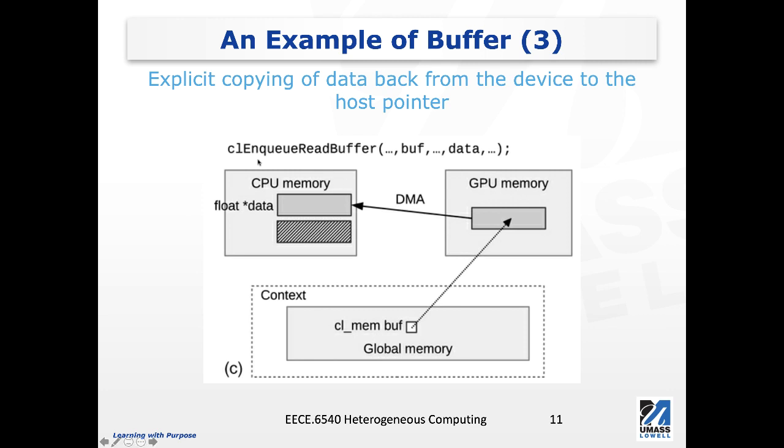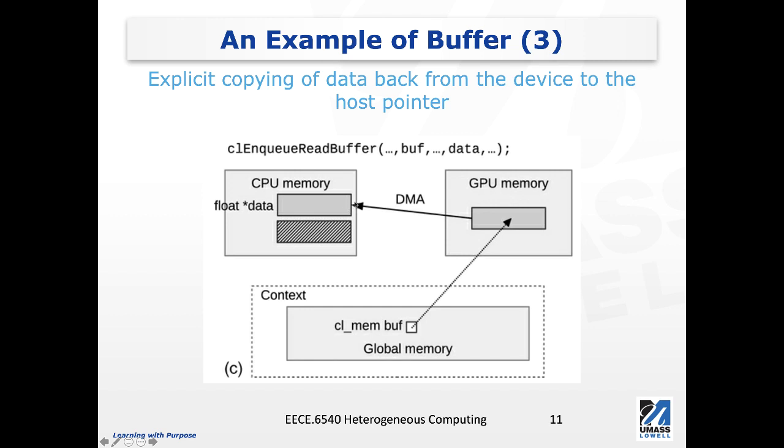So on the host side, you see another API, clEnqueueReadBuffer, which attempts to copy data from this memory object buff to the data buffer on the host.